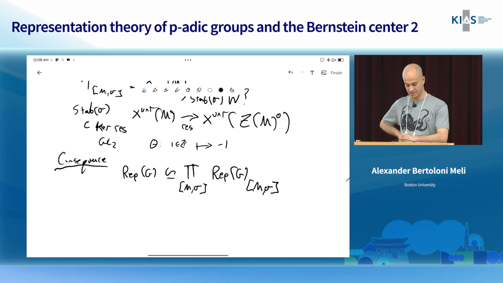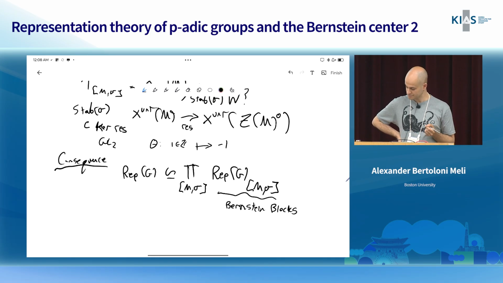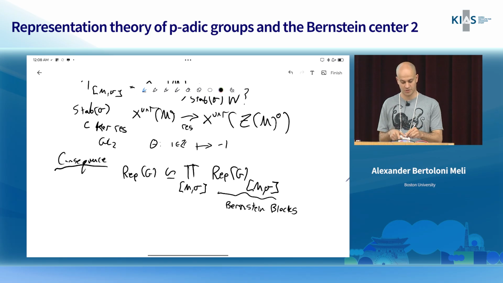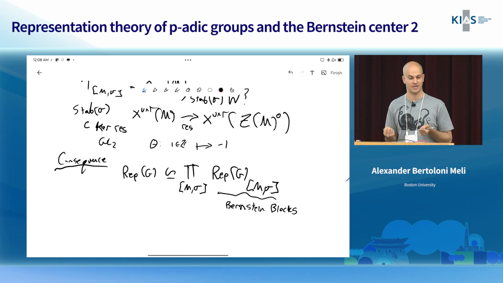These things here are what are known as Bernstein blocks. So what representations show up in a given Bernstein block? By definition, from what I've told you, they are representations pi where the cuspidal support is some unramified twist of M sigma.